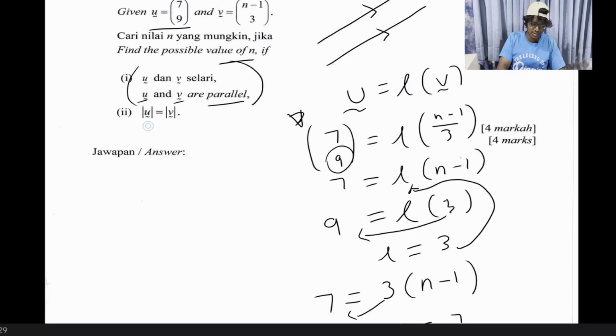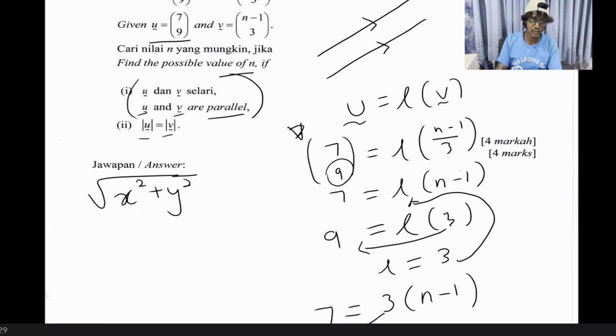Then they have given you these weird looking lines and say the line u equals the line v. What does that mean? The lines stand for magnitude. And the basic formula for magnitude is the square root of x squared plus y squared.